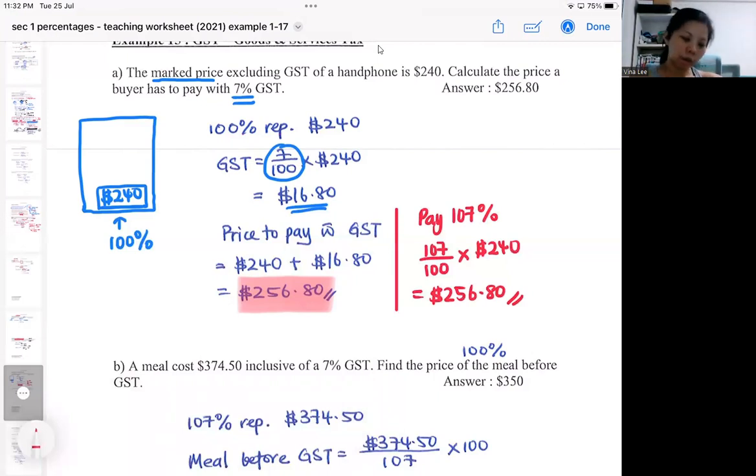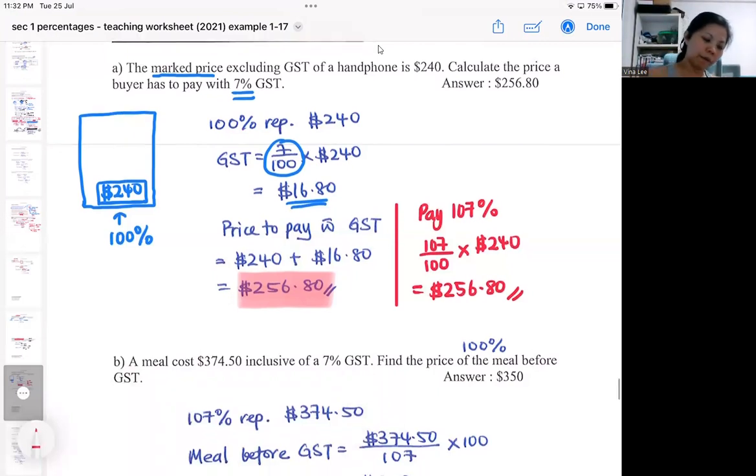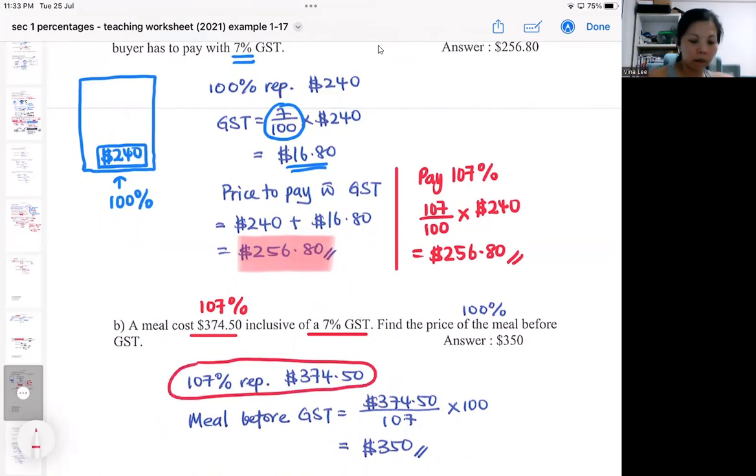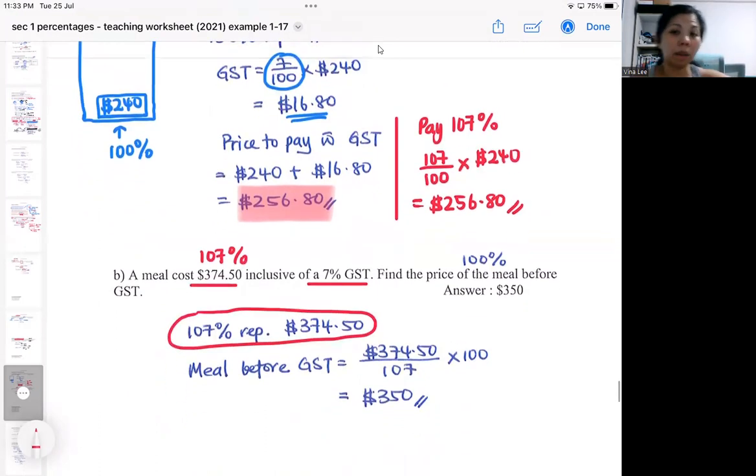Okay, so in a way, if you deal with a price that already contains GST, that means this price is 107%. So if the price already includes the GST, then it's not 100% anymore.